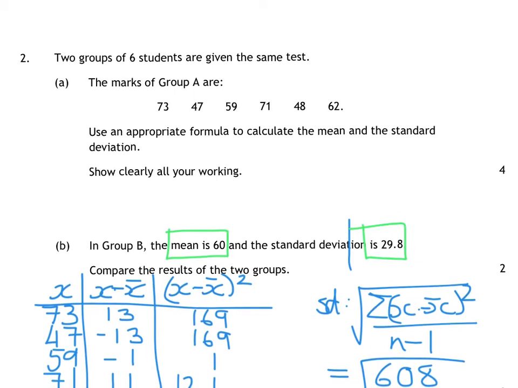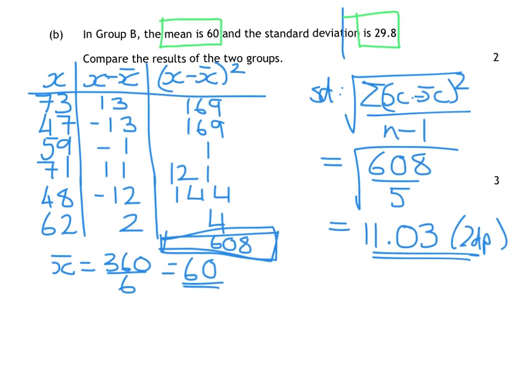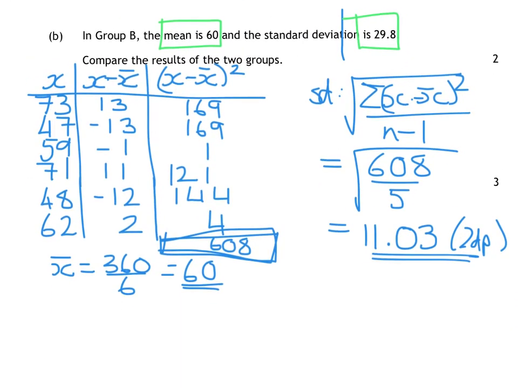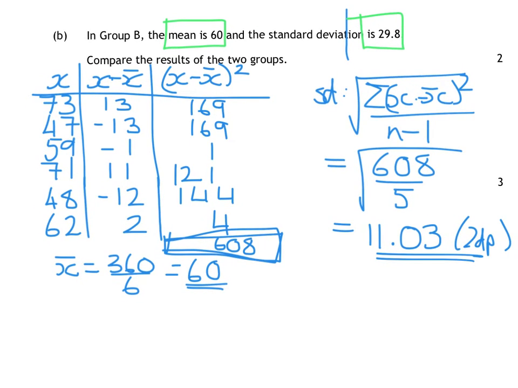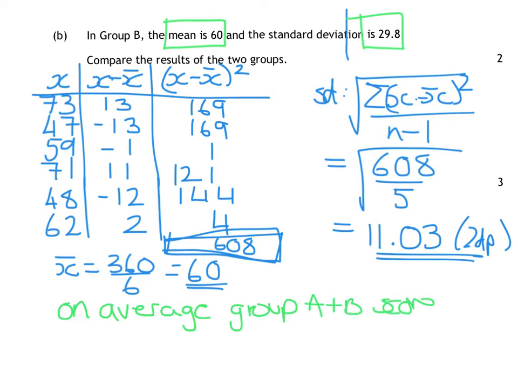So we've got 2 pupils doing a test, group A and group B. So because they've given us group B's information second, I'm going to start with group B. So I'm going to say, first sentence actually, I'm going to start with on average. They both get a mean of 60. So I'm going to say group A and B score the same. So I've turned the word mean into average. So on average, group A and B score the same.